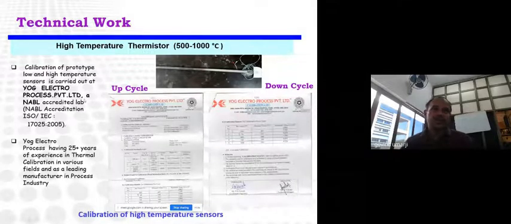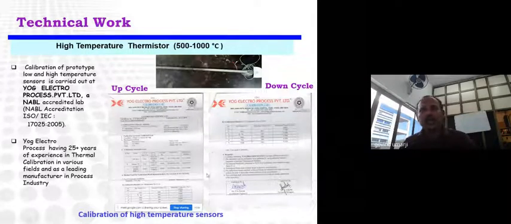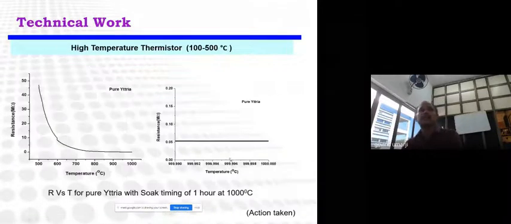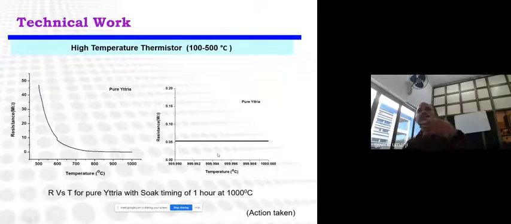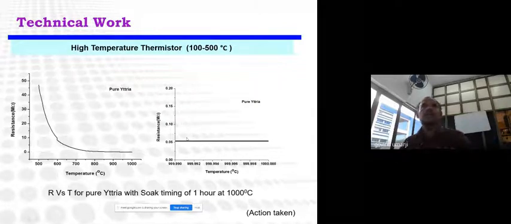We calibrated at a standard NABL accredited lab, and in this case also we got exactly the same resistance values through the up cycle and down cycle. So from this calibration we can use these values in our microcontroller application, where we give the ABC values and the Steinhart equation in the controller program.